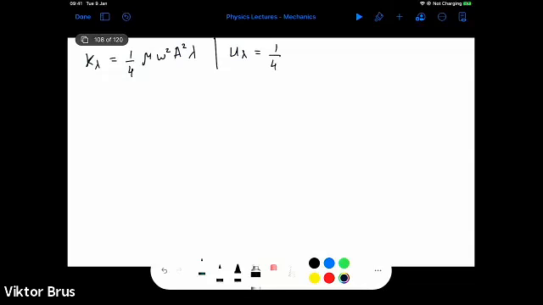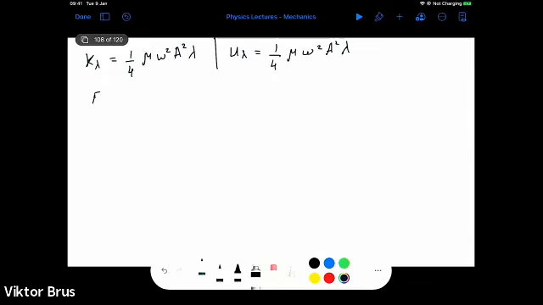It will be 1/4 mu omega square a square times lambda. So now when we have expressions for kinetic and potential energy, we can calculate the total energy, which will be just twice this equation.